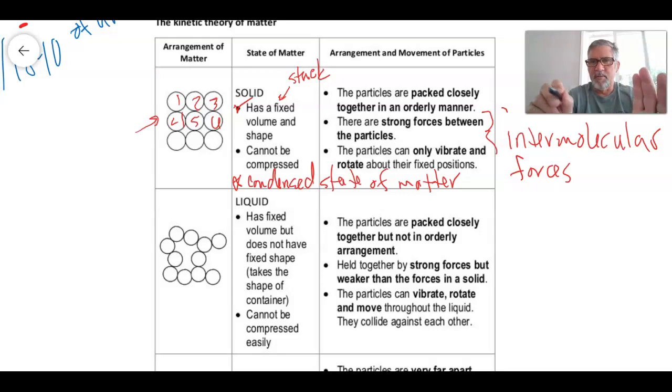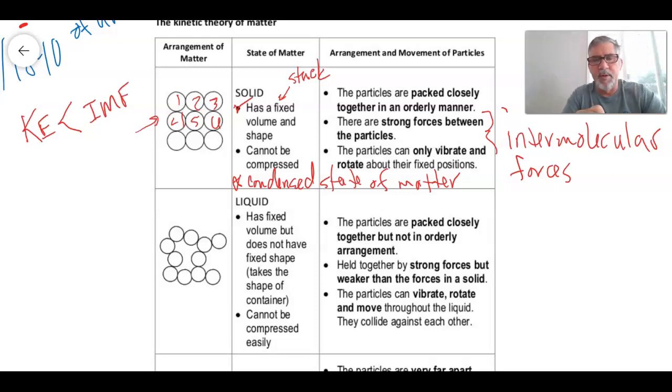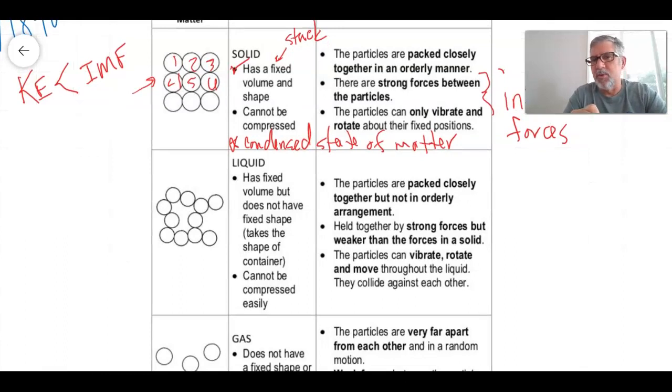So they're vibrating, that's their kinetic energy, about their fixed position. So you can say here that the kinetic energy of the substance is less than the strength of their intermolecular forces, or intermolecular attraction, sometimes called.